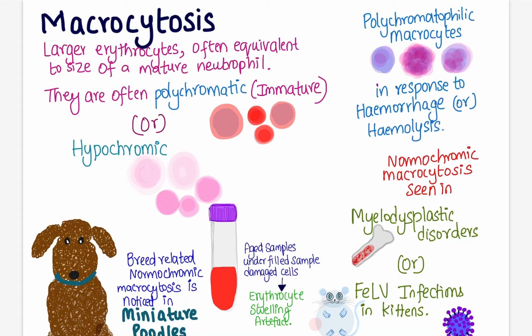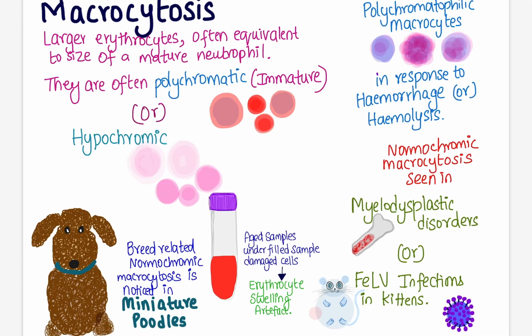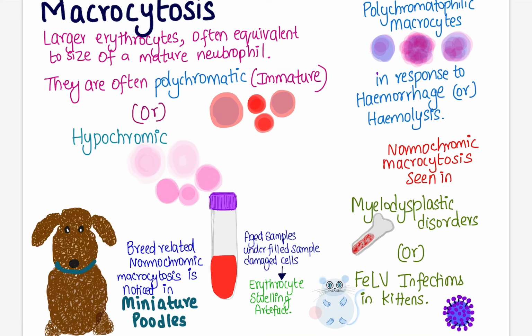Whereas normochromic macrocytosis is commonly seen in myelodysplastic syndrome or in kittens affected with FeLV infections. But there are some breeds that normally have normochromic macrocytosis. The best example is miniature poodles.